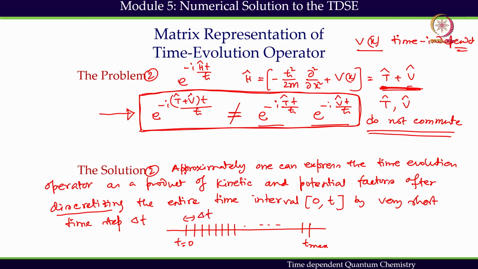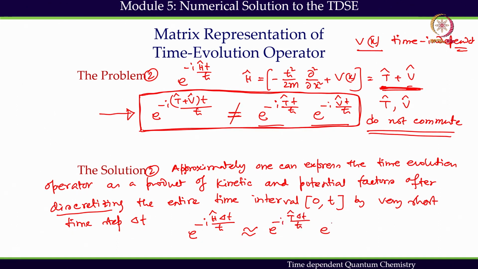If we do that, then I can approximately write e to the power minus i H delta t by h cut. Now I have delta t, a very small time step. For a very small time step, I can approximately write they are equal: e to the power minus i T delta t by h cut multiplied with e to the power minus i V delta t by h cut.